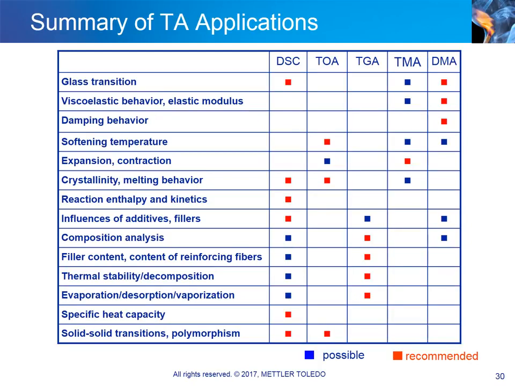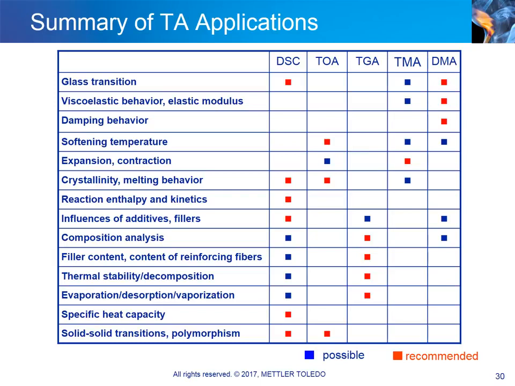The most important effects that can be analyzed by DSC are melting point, melting range, and melting behavior. DSC is also used to determine the heat of fusion, glass transition, and oxidation stability.